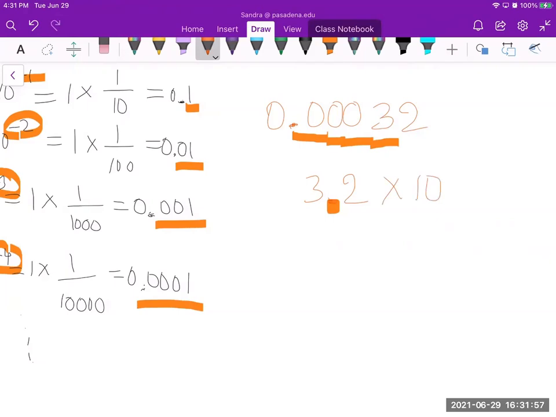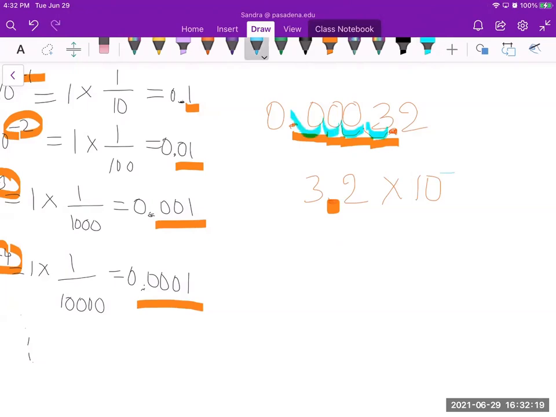Now, since this is a decimal, I can see that I'm going to be moving to the left from here. So you can see that I'm going to be counting 1 place and 2. Let me go ahead and use blue. 1 and 2 and 3 and 4 places.